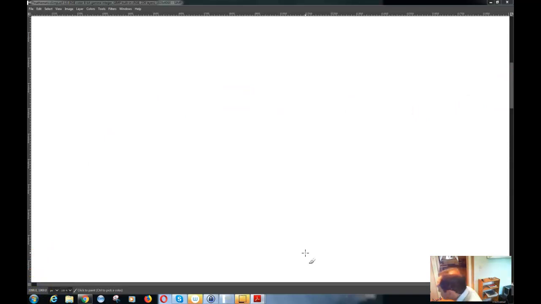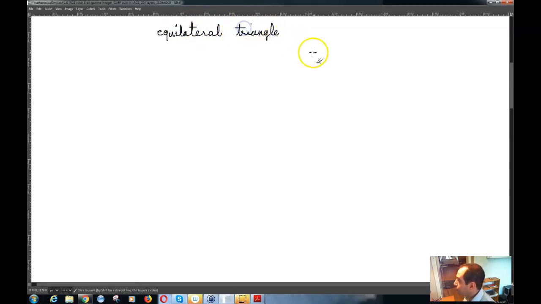Okay, so the next question is the base of an equilateral triangle. So you have an equilateral triangle, and the base of this triangle with side 2A lies along the y-axis. So of course you know that when you have an equilateral triangle, all the sides are of the same length.